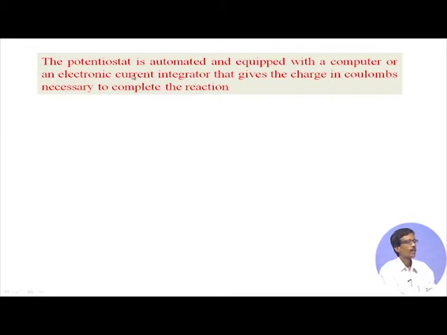As I told you, mathematically we integrate the current for the charge transfer, which gives the charge in coulombs necessary to complete the reaction. The coulometer's digital display will show how much current has to be passed for complete electrolysis, whether you are going for oxidation or reduction.